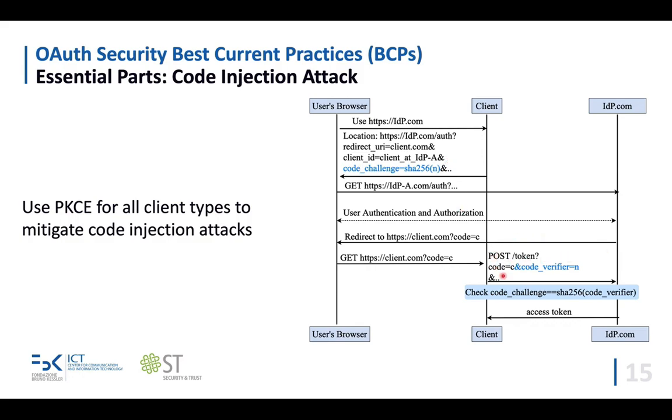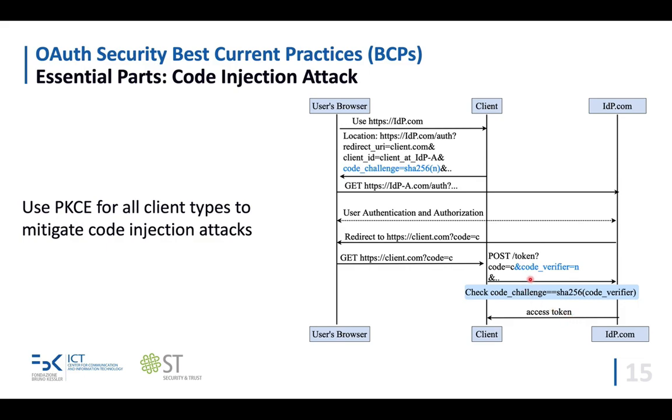Then in the token request, the client sends the code verifier, which is the parameter used in order to create this code challenge, and the server checks that the hash of the received code verifier is the same as the code challenge sent in the authorization request. If they do not match, it won't issue an access token.